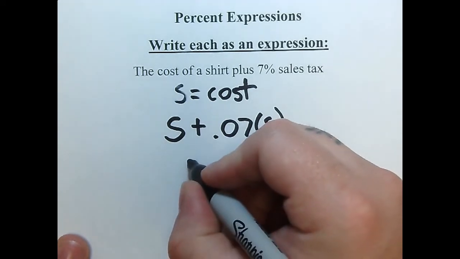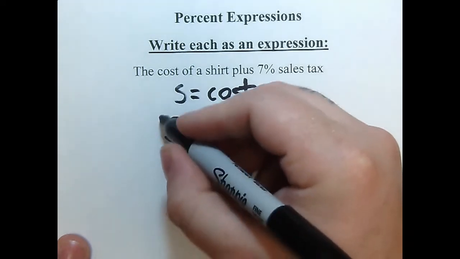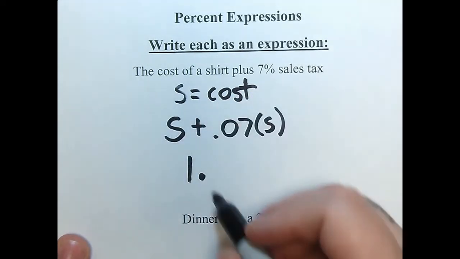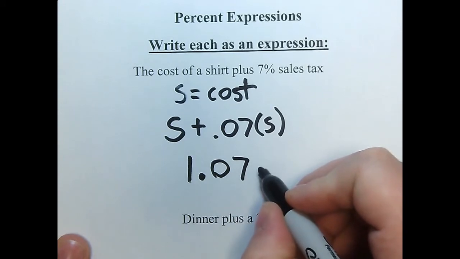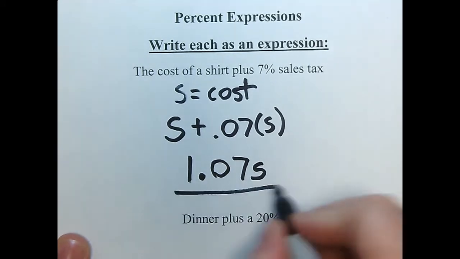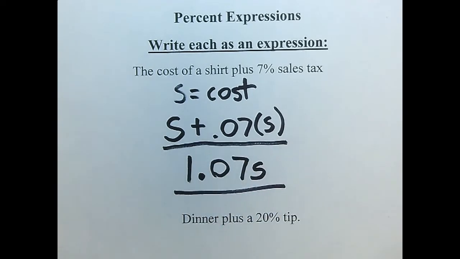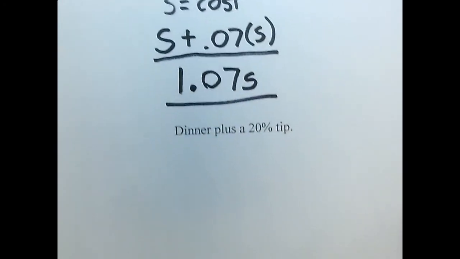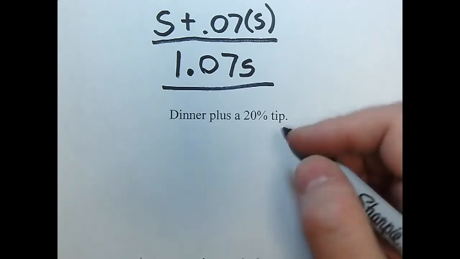So instead we can just write 1 to represent the whole cost of the shirt, which would be the understood 1 right here, and then 0.07 to represent our tax, and then we can just put our variable S. So the expression can be written either S plus 0.07S or just 1.07S.